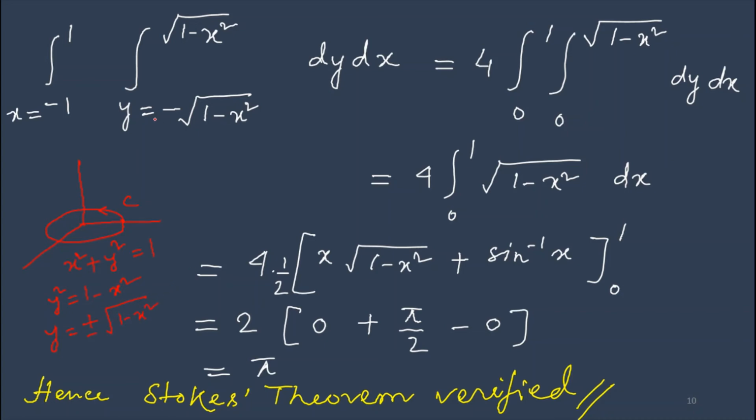And for x limits, let us take y as 0, then x squared is 1, x is plus minus 1. So x starts from minus 1, ends at 1.